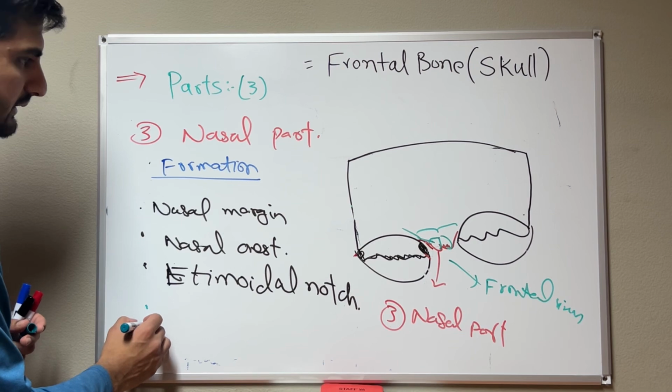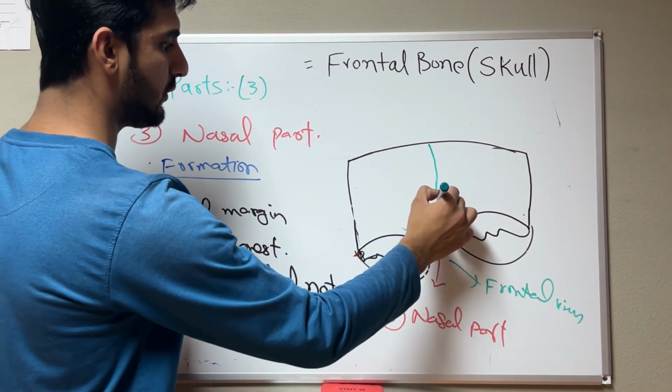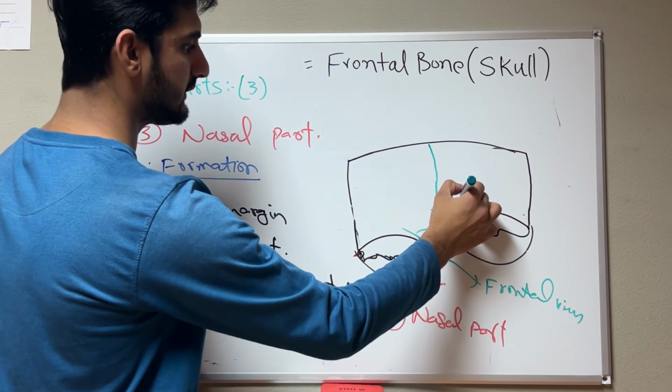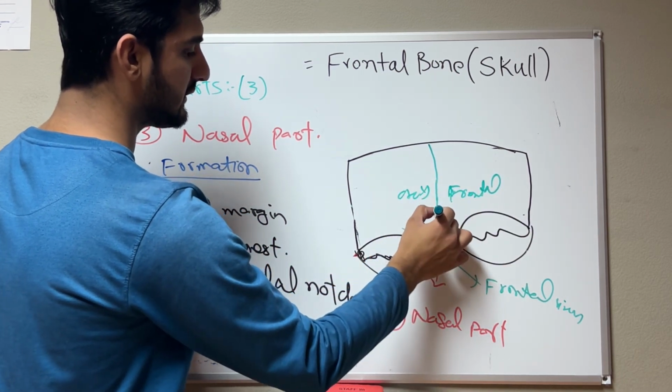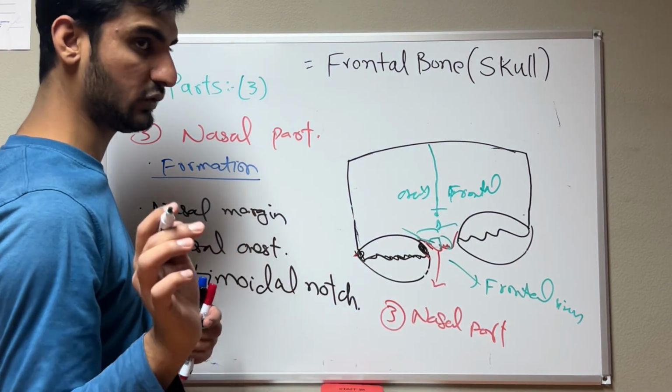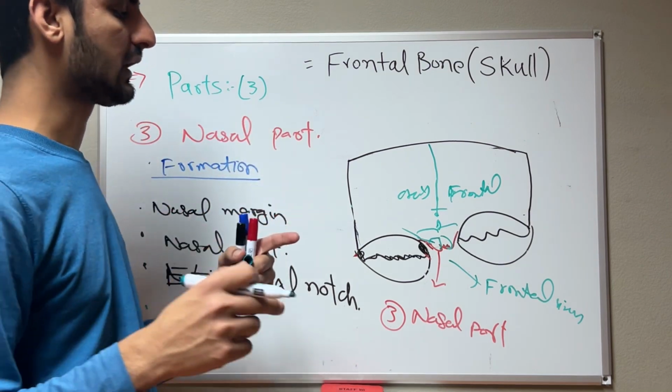Inside the skull we have the sagittal sulcus and the internal frontal crest. Between the frontal crest and the crista galli we have the ethmoid bone, because the ethmoid bone is located in the anterior cranial fossa.